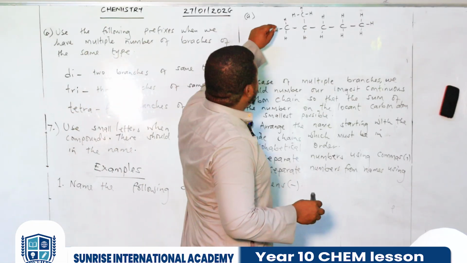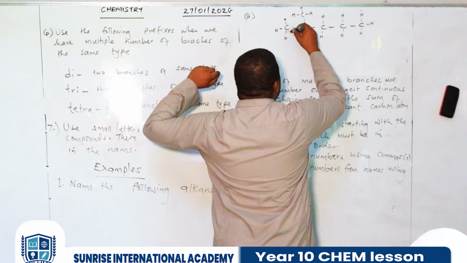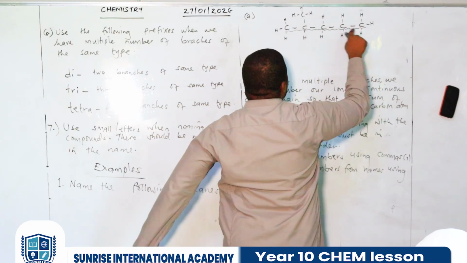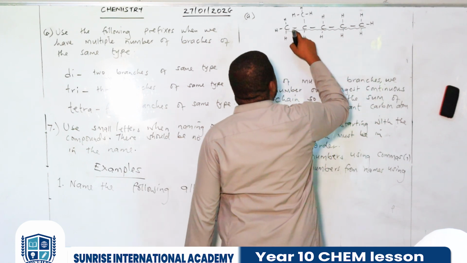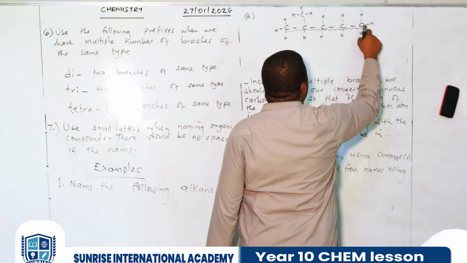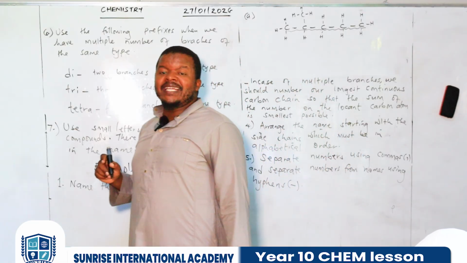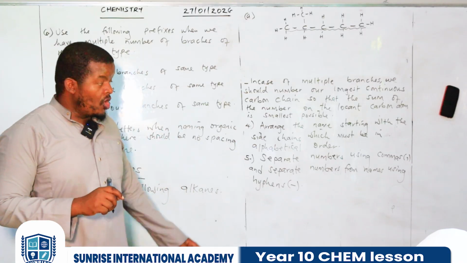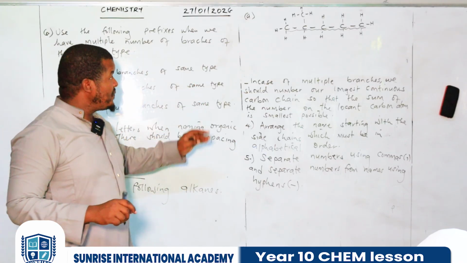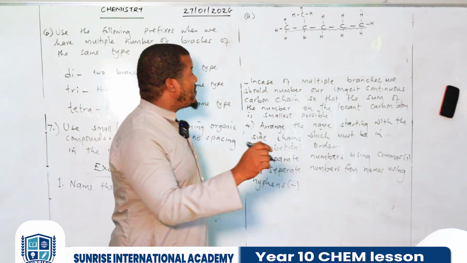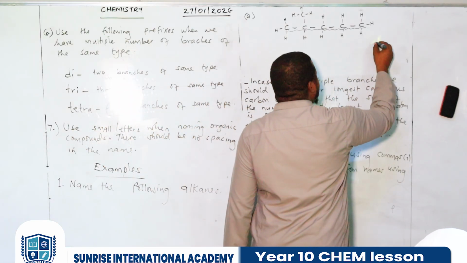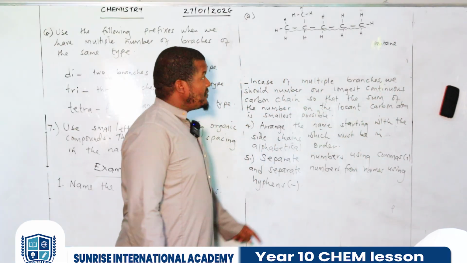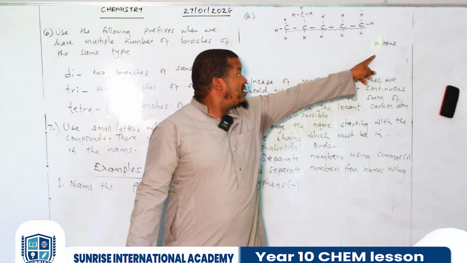Let me take this straight one as my longest continuous carbon chain: 1, 2, 3, 4, 5. What alkane has 5 carbon atoms? We know from our previous session that it is pentane. So the parent name for this molecule is pentane.